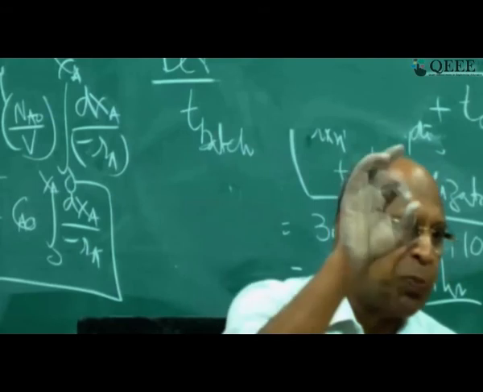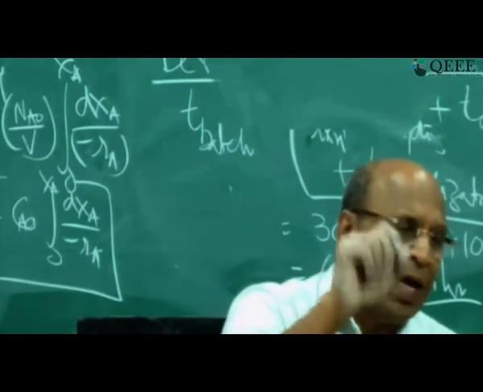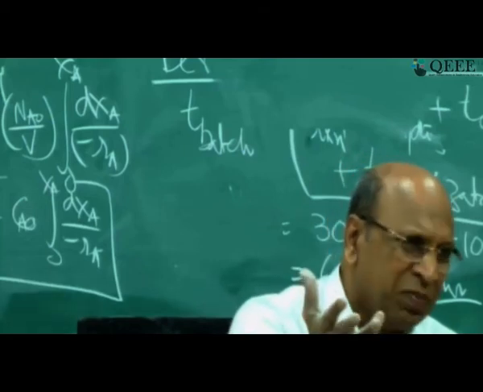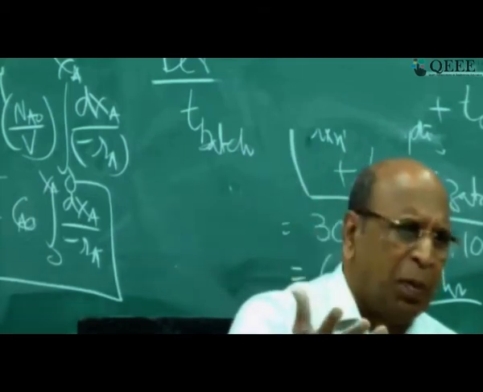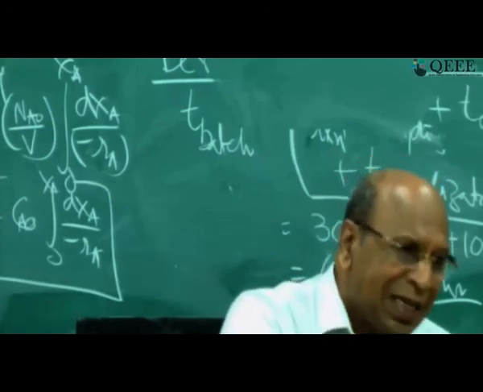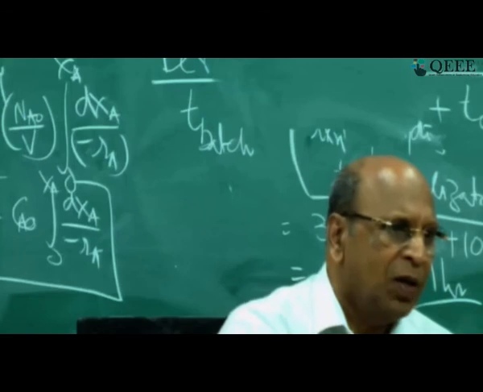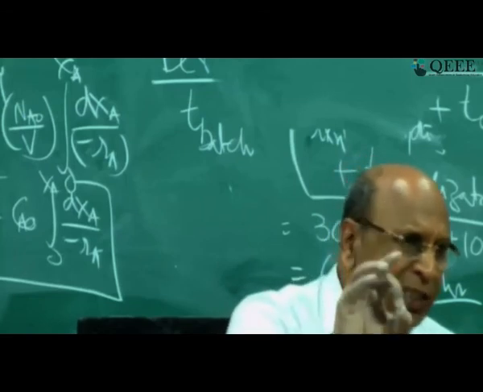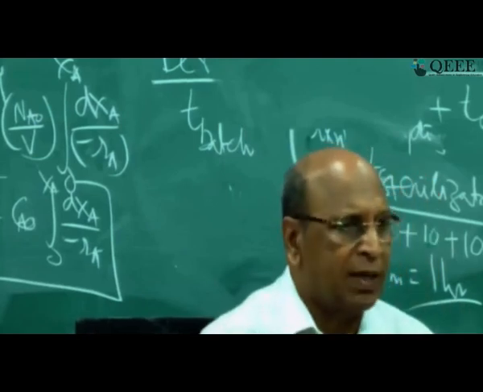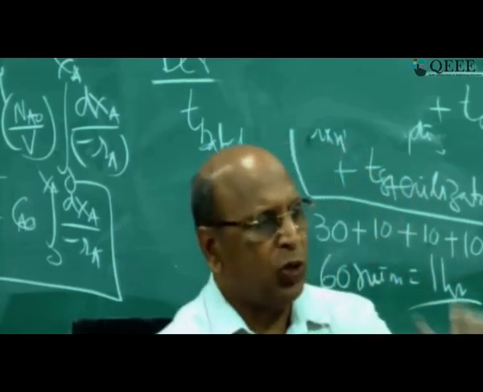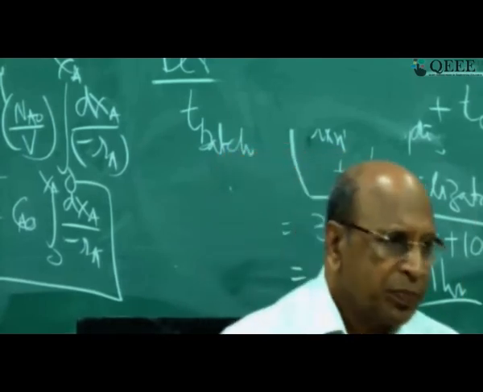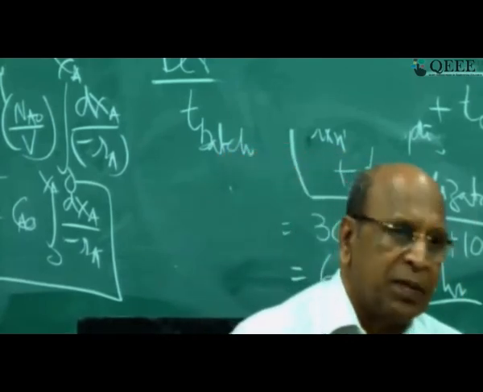Normally the diameters used for plug flow are around 6 inches, maybe 8 inches maximum. Generally it is 3 to 4 inches. If you are able to reduce that to 1 inch, half an inch, definitely radial mixing will be very good in plug flow reactor. That's how you maintain good radial mixing, by reducing the diameter of the reactor.